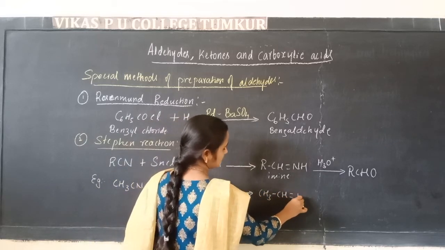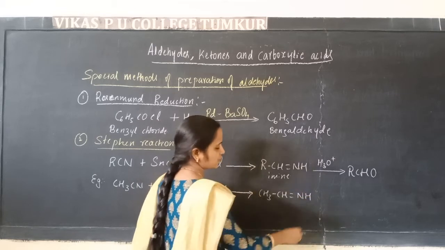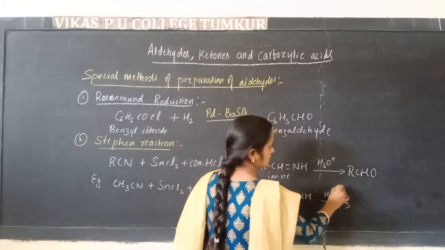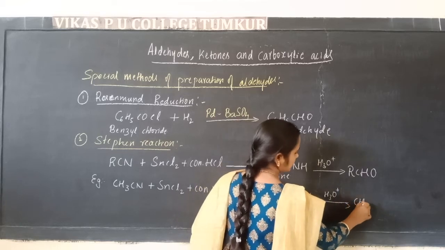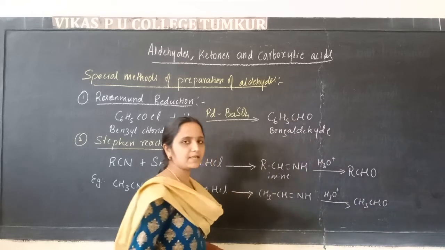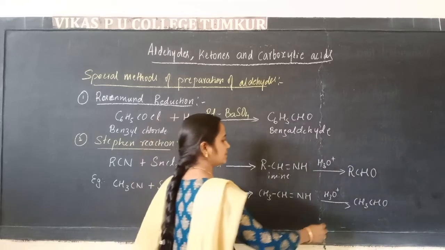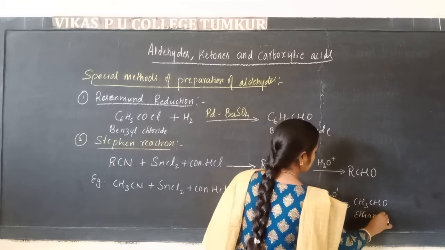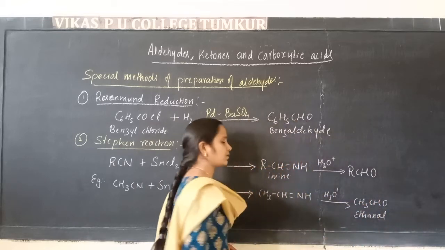On hydrolysis, the final compound we get is ethanal. There are 2 carbons, therefore the name of this compound is ethanal.